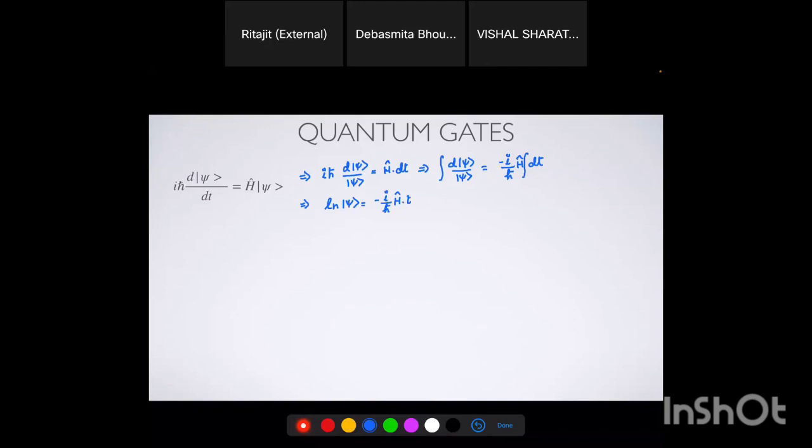There should be an integration constant, which I am deliberately skipping for the time being. Why I am skipping it will be understandable in a few slides, and what this particular constant does here. Now, what is then this psi? If log of psi is this, then psi is basically e to the power this.